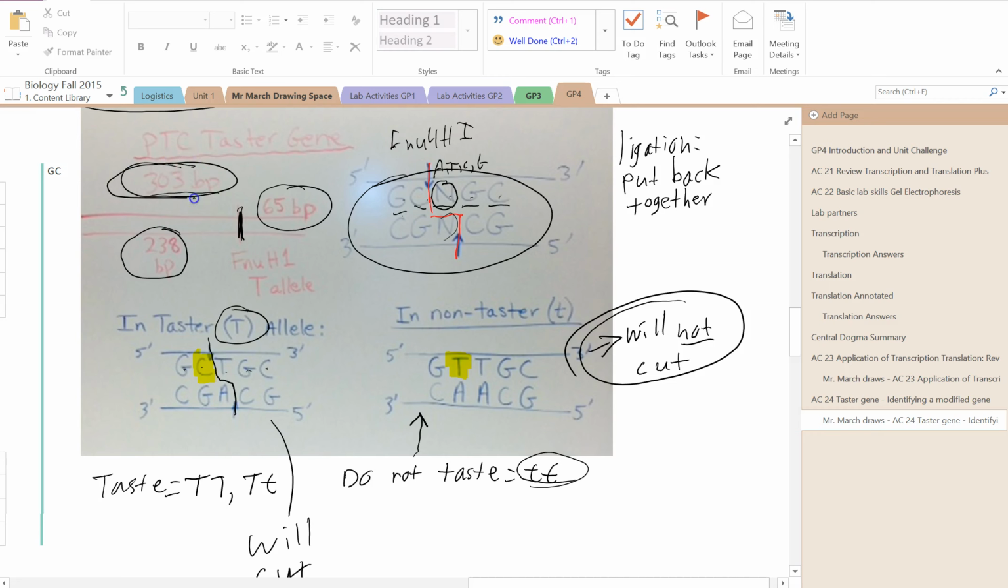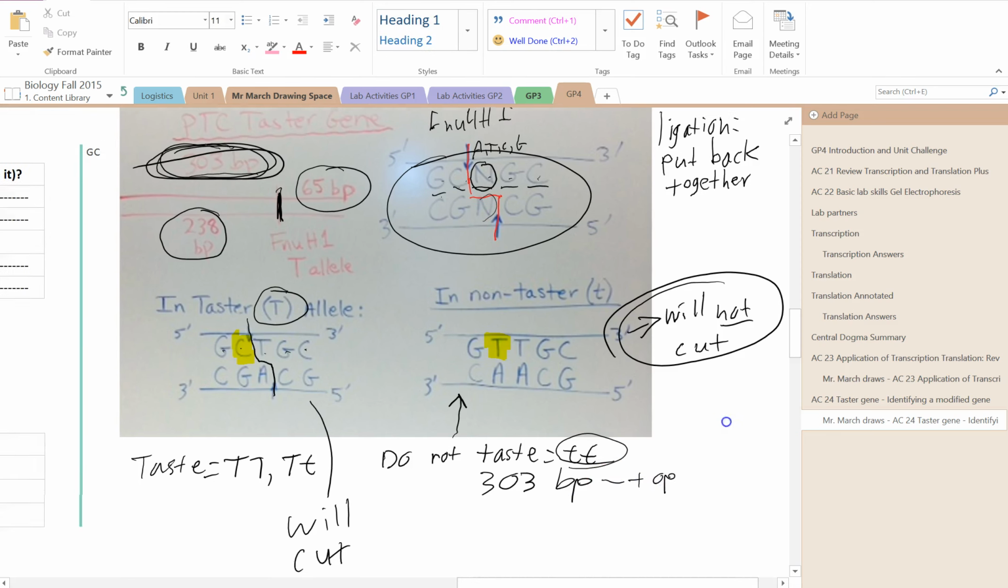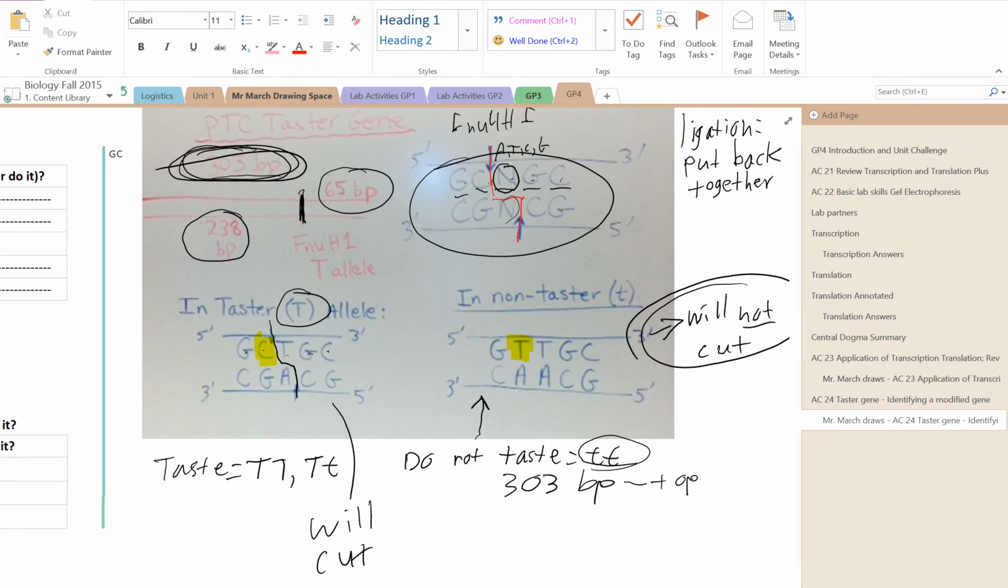So you will have 303 base pair sections. Remember, you have 2 alleles of the taster gene, one from mom and one from dad. People who are non-tasters will have 2 303 base pair bands that will show up. These are very heavy, so they'll show up at the top. They're longer than the other ones that we're going to get anyway, so they will show up at the top.